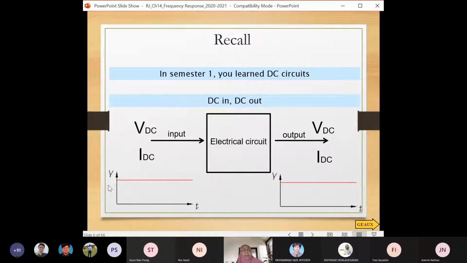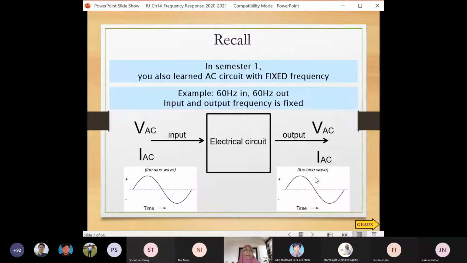Okay, if you observe current input and you want to see the effect of the black box system, the electrical circuit, you want to observe the current, it will behave similarly, so that you will have a DC input, the output will be also DC. So if you change your system to have alternating current, we call it AC.